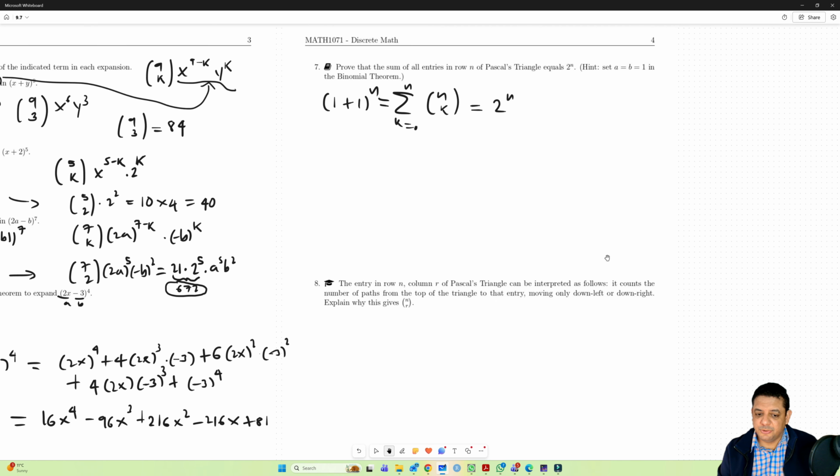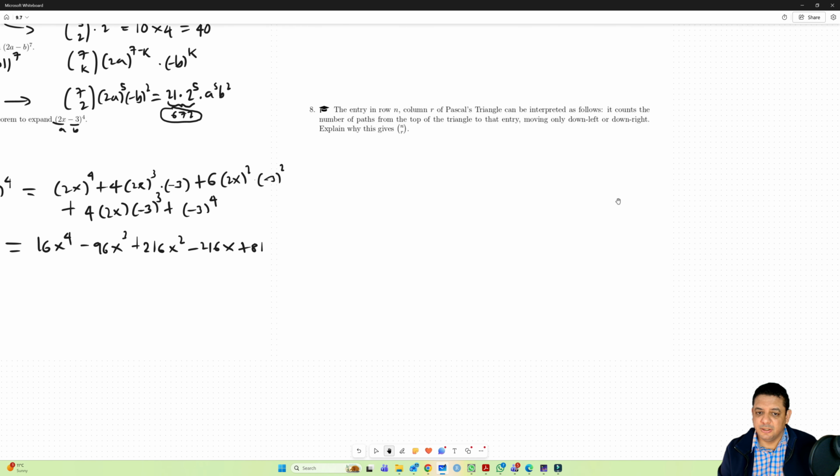it says the entry in row n, column r of the Pascal triangle can be interpreted as follows. It counts the number of paths from the top of the triangle to that entry, moving only down left or down right. Explain why this gives n choose r. Well, if you think about it, let's make a tree here.